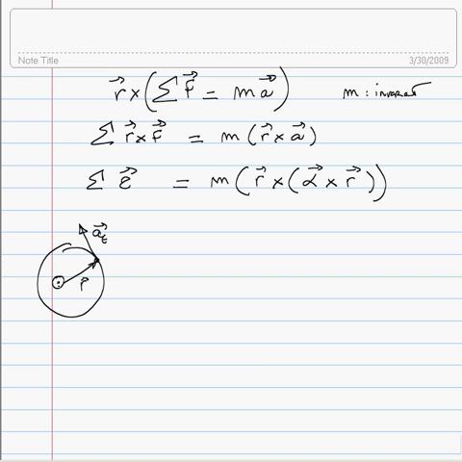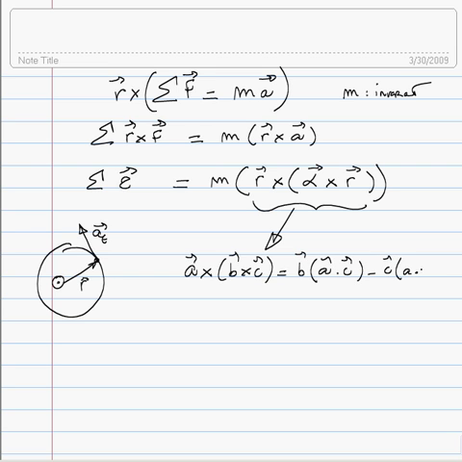Now, technically, what are we going to do with this? Well, we are in good luck because there is an identity for this, which says the following. A cross B cross C is equal to B times A dot C minus C times A dot B. So who's who?